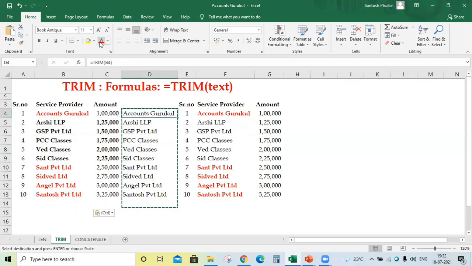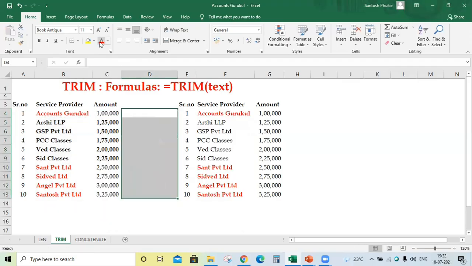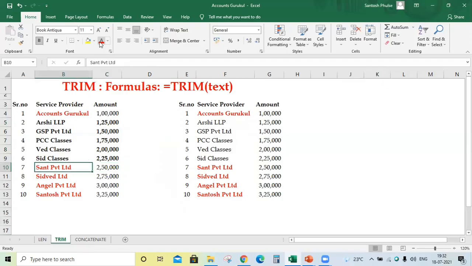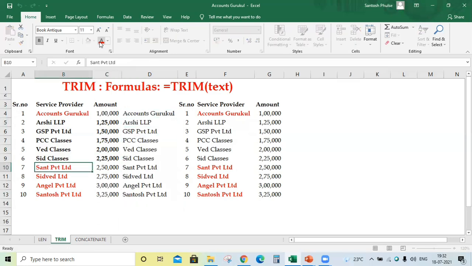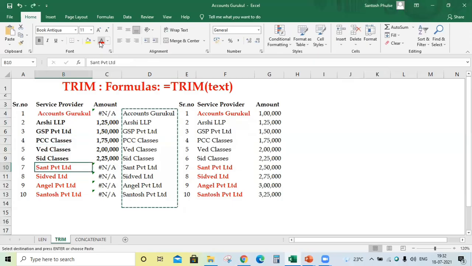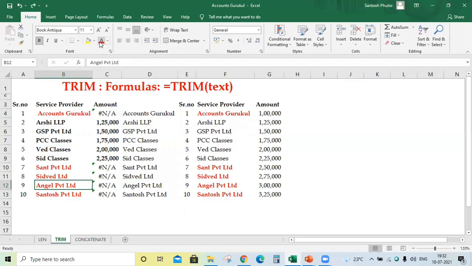Now you see that all the numbers, that's the amount, are coming through our formula, that's through the VLOOKUP. So what was the reason for that? The reason is that if you see, the extra space is there. The extra space is there for Angels, and extra space is there for Santosh Private Limited.